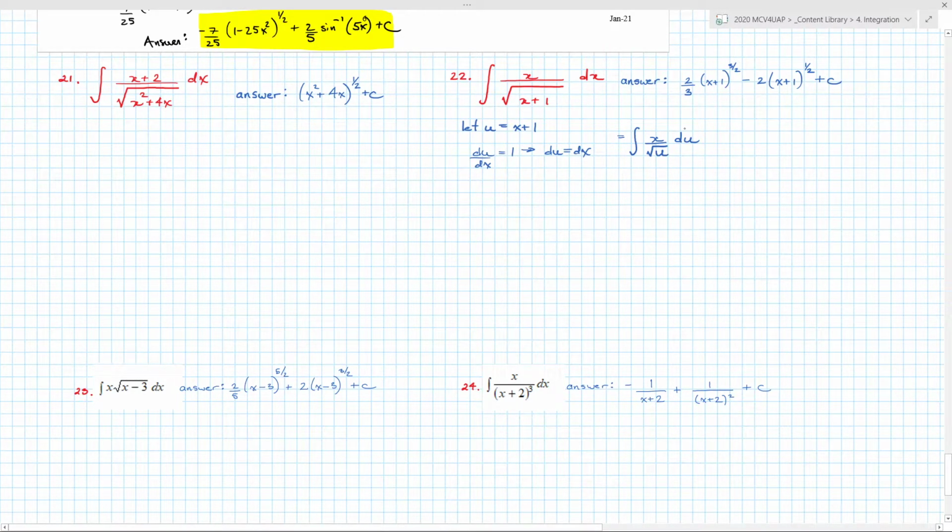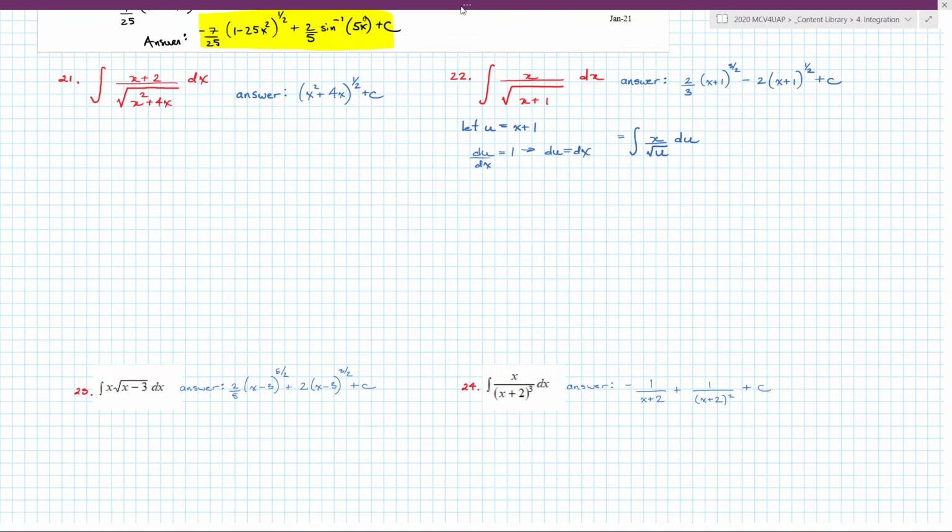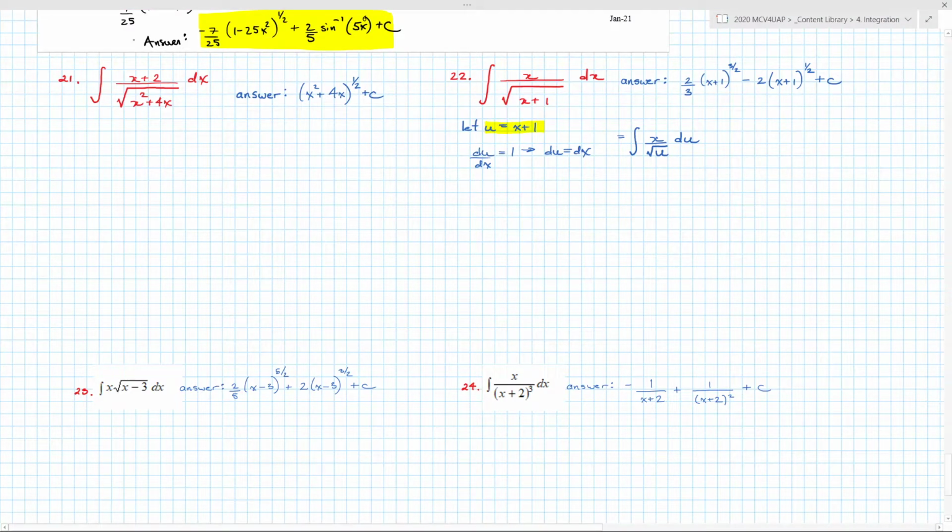But now I'm stuck with that x there. I can't have that x there. Everything has to be in terms of u. But what I can do is use that expression, this one, and rearrange it so that I indeed get an expression for x. So what do I mean by that? I mean that if I rearrange that, x would just be equal to u minus 1.